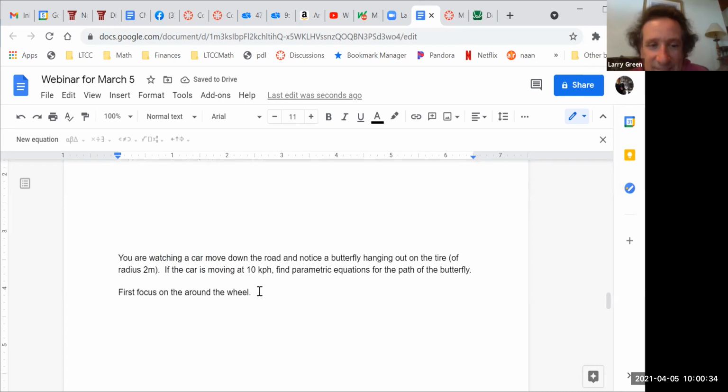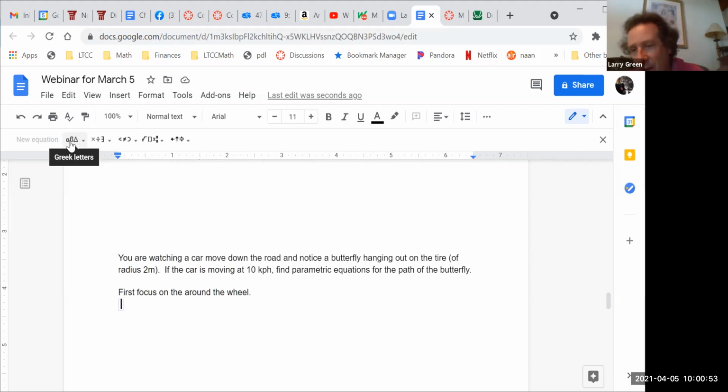Okay, so we have radius 2 meters, right? So let's first just ignorantly write down x of t and y of t, not worrying about how fast you're going, but just going around in a circle and not worrying that you're moving along the road.